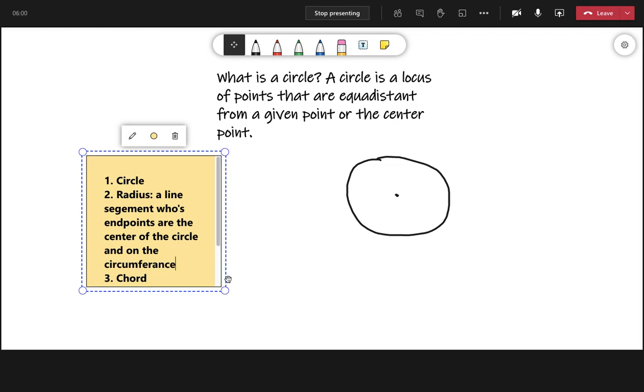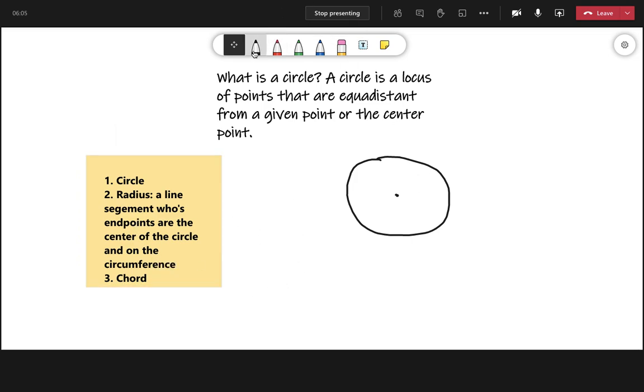I can't spell. So, a radius is a segment whose endpoints start on the center and end somewhere on the circumference.